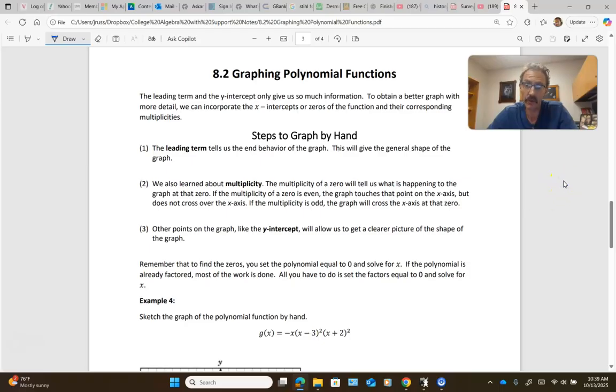Most of the time in the real world, that's not the case, and you have to utilize numerical methods, different ways of estimating what a 0 might actually be. So I just wanted to throw that out there.